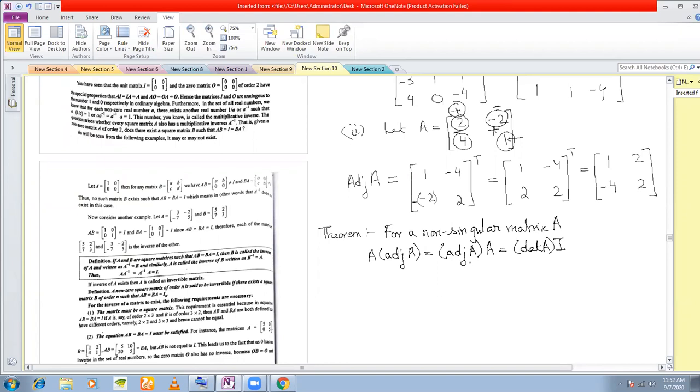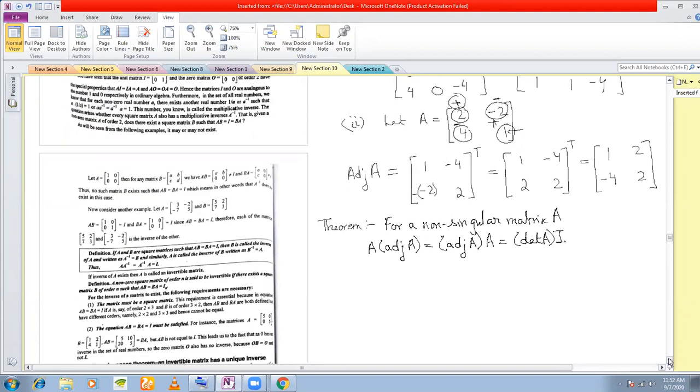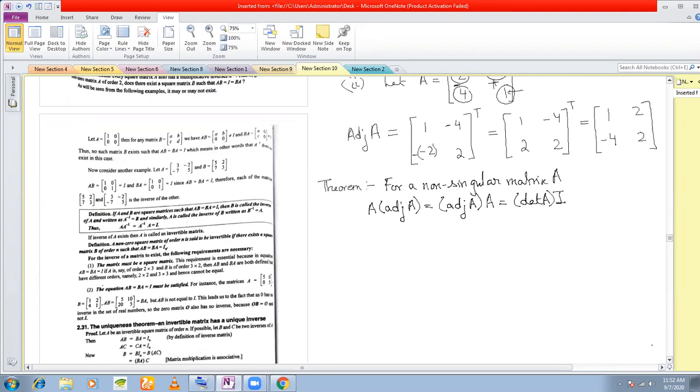This is a very, very important theorem. From this, we will get how to find the inverse of a matrix.